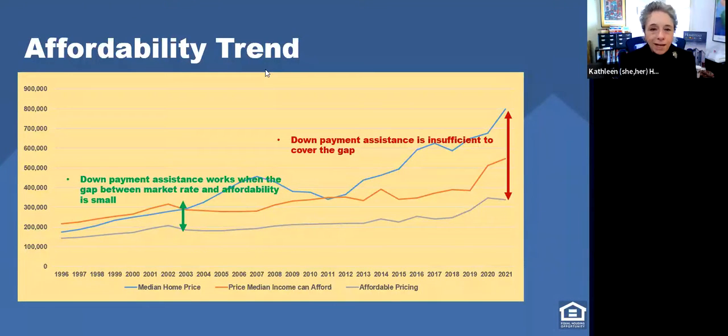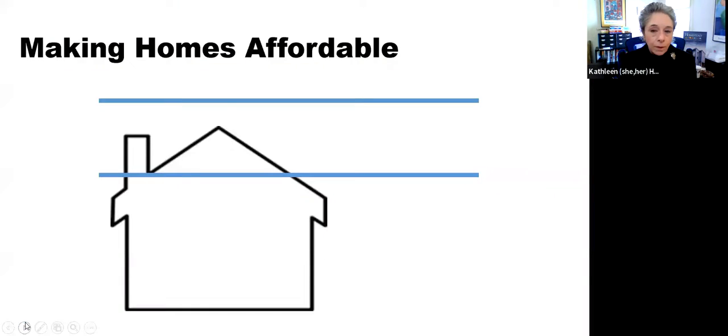So down payment assistance in $100,000 increments isn't enough to close that gap. That's why, as this trend line has continued to escalate, we have said we have to build these homes ourselves. We have to do new construction, and we have to build them as a nonprofit builder at a price that gets us much closer to what's affordable.